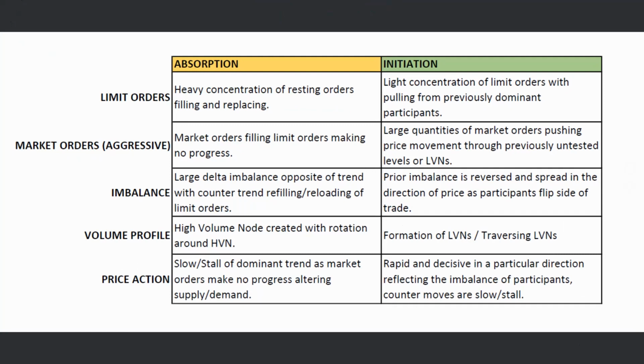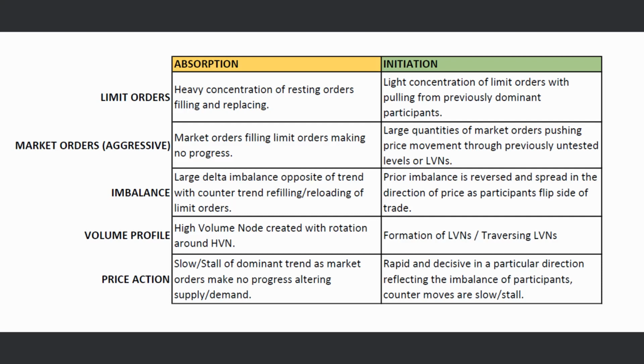So absorption specifically entails the following dynamics. With limit orders, it occurs when a significant concentration of limit orders, buy or sell, exists around a price range on the book, and that represents resting interest from traders that are willing to participate at those zones.